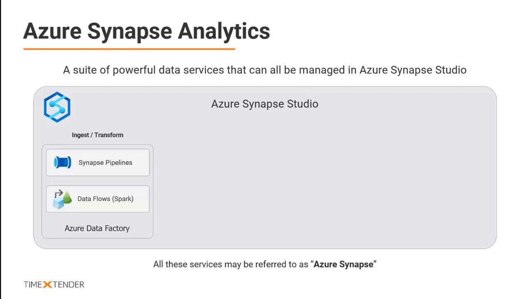So what are the different pieces? First of all, there are the ingest and transform pieces that exist inside Synapse. There's Synapse pipelines. There's also Synapse data flows, which use Spark to do data transformations using a low-code, no-code UI. This is identical to Azure Data Factory. In fact, this is Azure Data Factory.